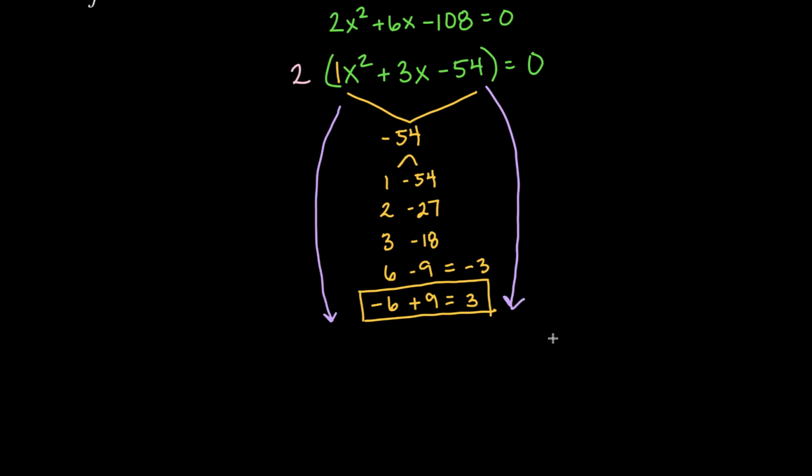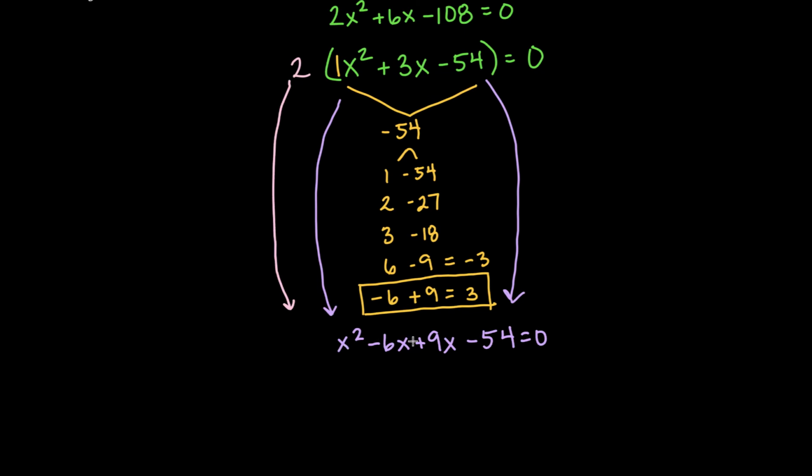And I'm going to write it as x squared minus 6x plus 9x minus 54 equals 0. Now technically there's this 2 that comes down here also, but I'm not going to write it till later.